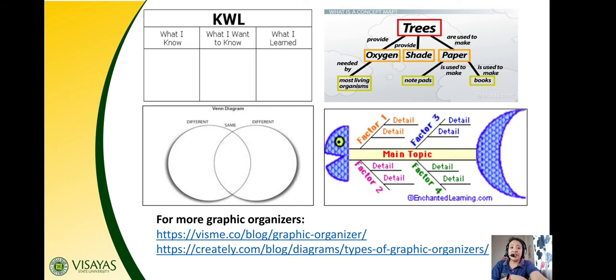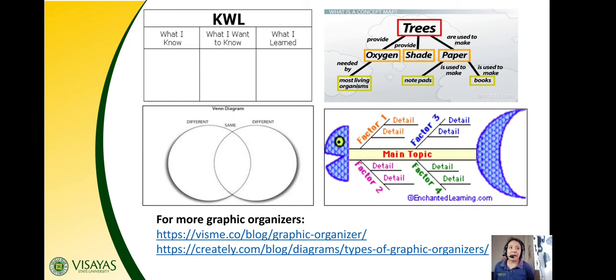Then, we have the so-called Venn diagram. So, Venn diagram, very familiar siya. So, it could be triple Venn diagram, or ito yung common. We have here dalawang overlapping circles. So, we have the difference dun sa outside, dun sa hindi nag-overlap na part. We need to write the difference between the two concepts, and dun sa overlapping part, ilalagay natin yung similarities.